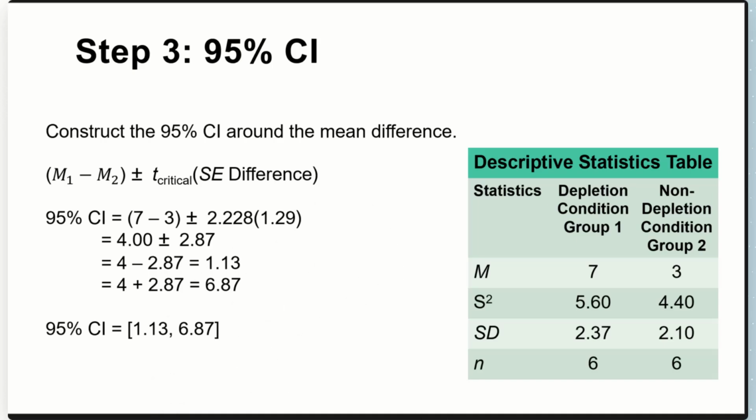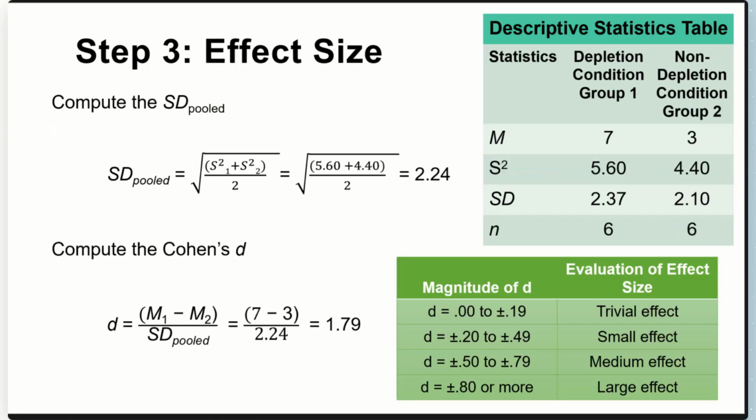The last part of step 3 that we're going to compute is our effect size, or Cohen's d. The first thing that we need to do for an independent samples t-test is compute the standard deviation pooled, or the pooled standard deviation. That goes in the denominator of Cohen's d. So what that looks like is our square root of the variance for group 1 plus the variance for group 2 divided by 2.